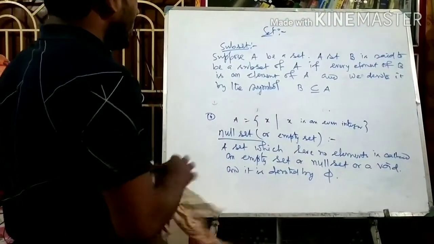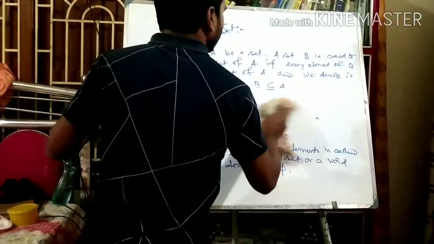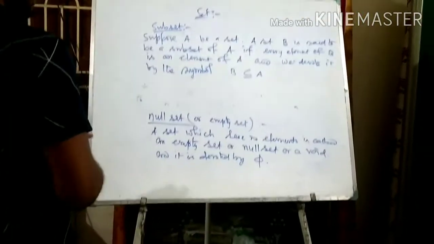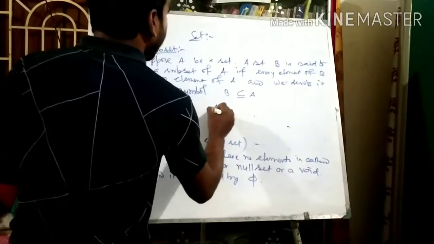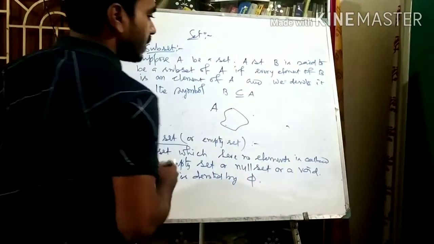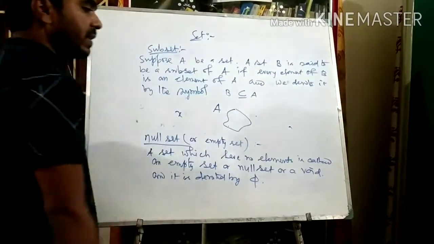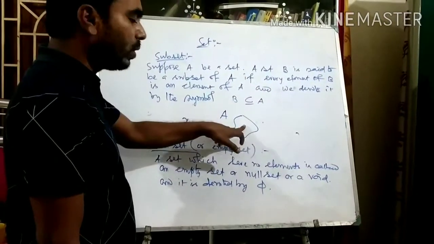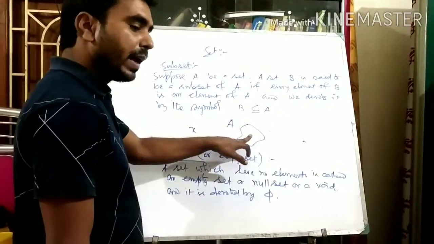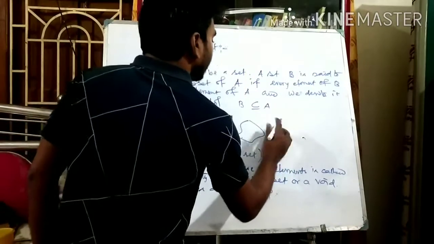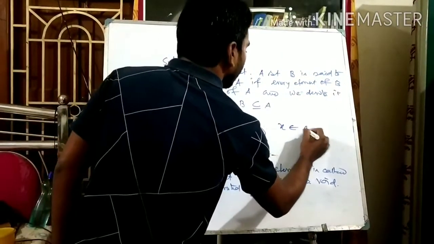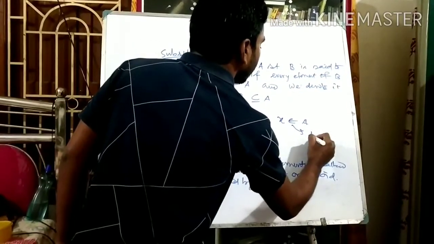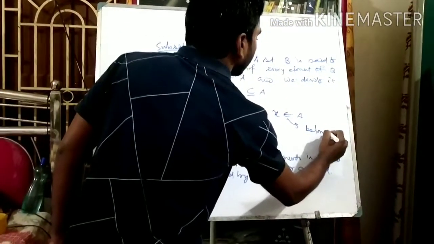Now suppose A is a set and x is an element. Then either this element lies wholly in A, and we denote it by this symbol, which we call belongs to.